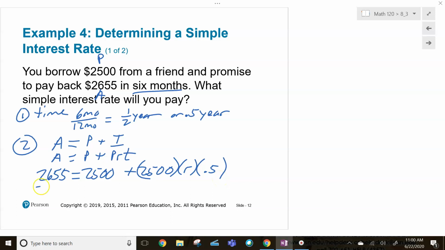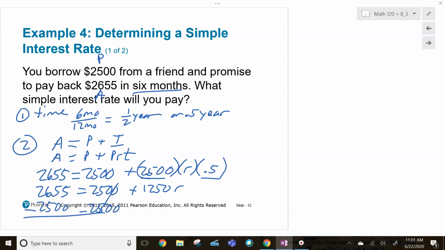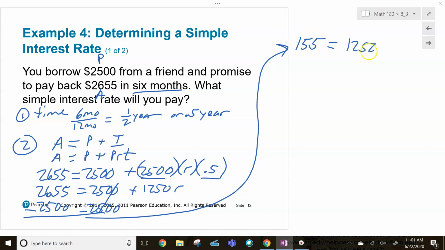Okay. So we got 2,655 is 2,500 plus, go ahead and multiply 2,500 times a half, and you get 1250 R. Subtract 2,500 from both sides. Subtract 2,500, and we've got 2655 minus 2,500, and you got 155 equals 1250 R. Solve for R, so divide by 1250.